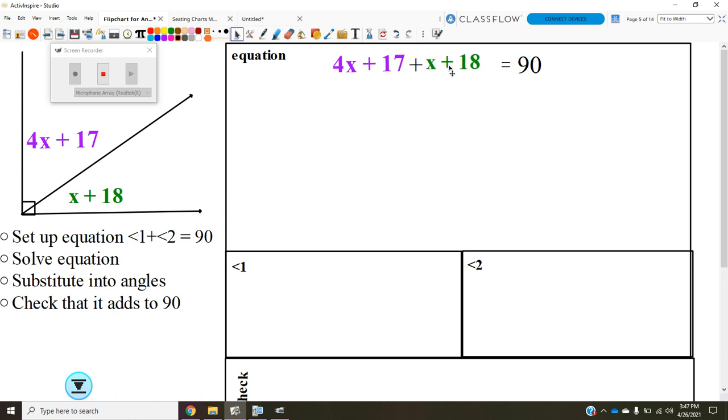There's a plus sign in the middle, so they add up to 90 degrees. The first step is to combine my like terms and get 5x from the 4x and the x, and 35 from the 17 and the 18.